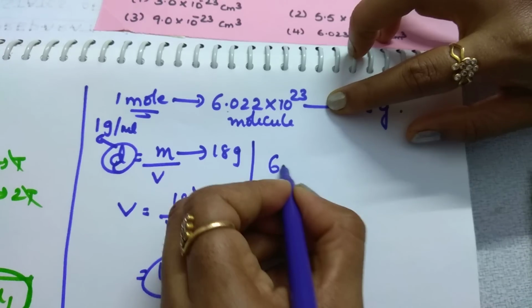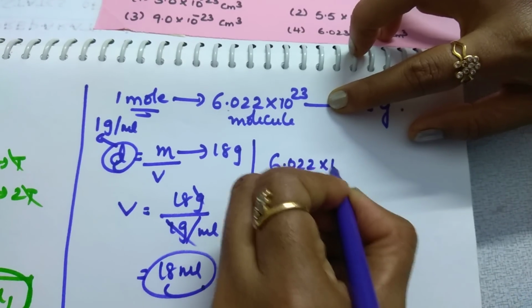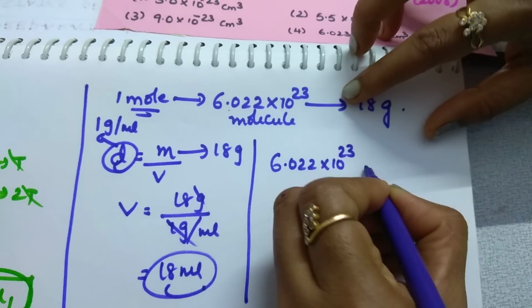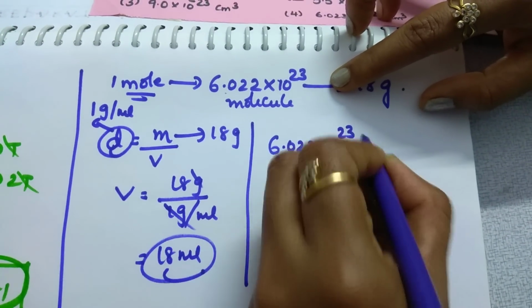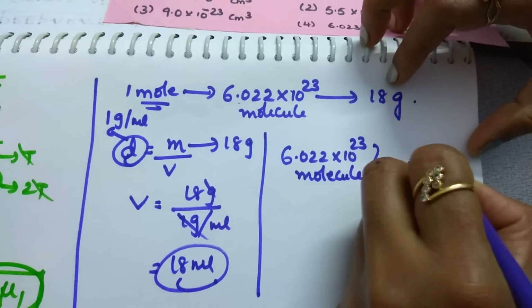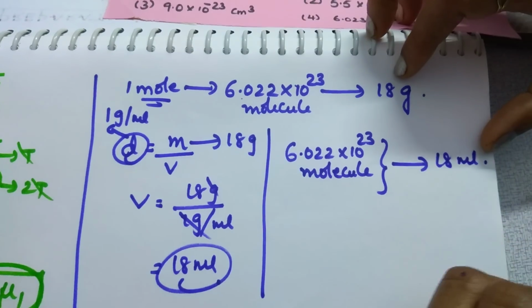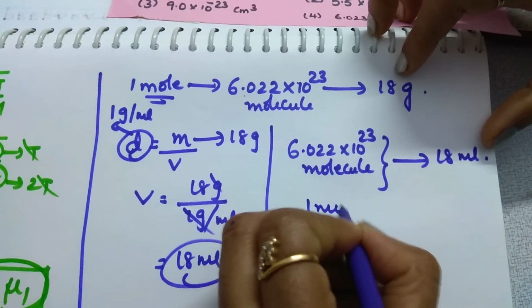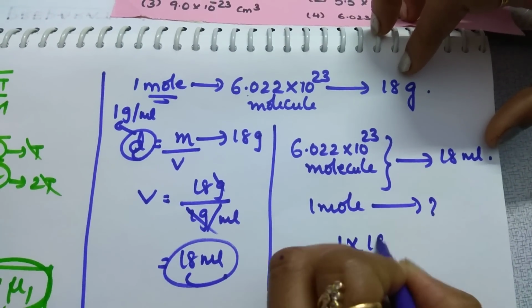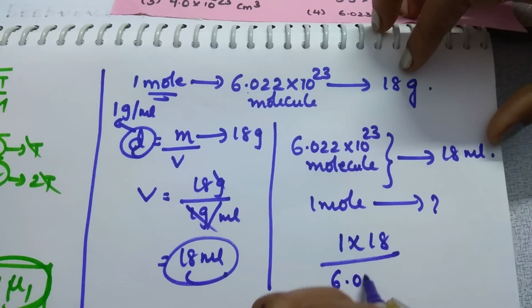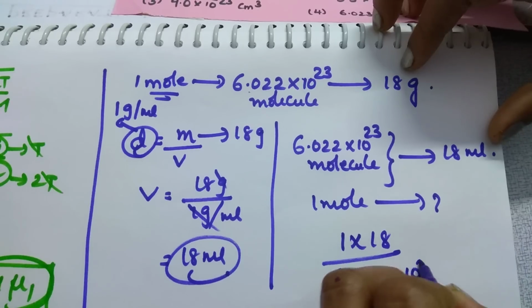See the relation how I am taking. 6.022 into 10 power of 23 molecules occupies how much volume? 18 milliliters. Then one molecule, how much? Clear? Then do cross multiplication: 1 into 18 by 6.022 into 10 power of 23.